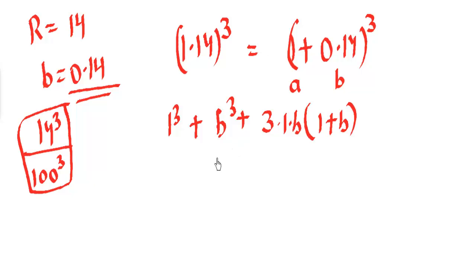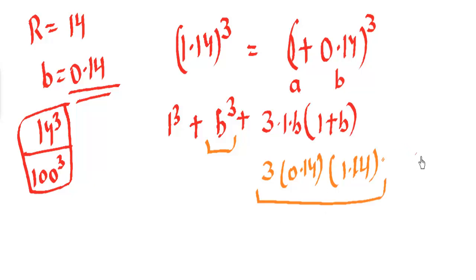So what I can do is skip this calculation and simply multiply it by 3, and I can simply calculate b as r by 100, where r will be given in the question. So this will be, let's say, 0.14 and 1.14, and you will get 0.4788.